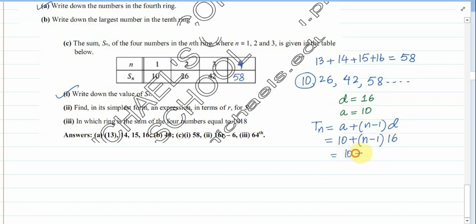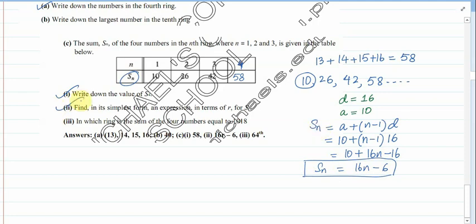Solve it: 10 plus 16n minus 16, which further becomes 16n minus 6. That is your nth term, but I won't write Tn here because we have a sequence named Sn. So that is the nth term of Sn. Is it clear? I hope that it is clear.